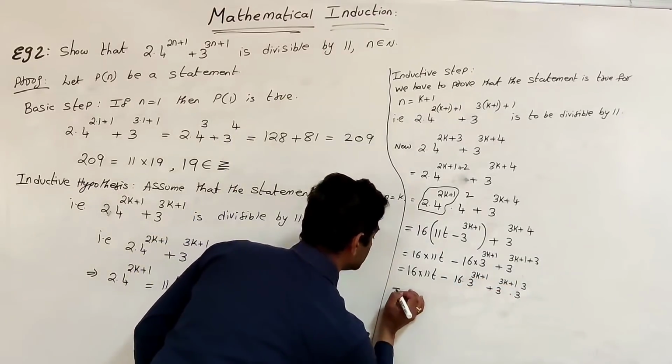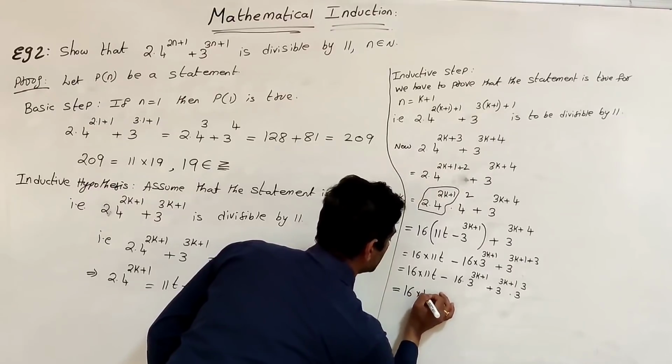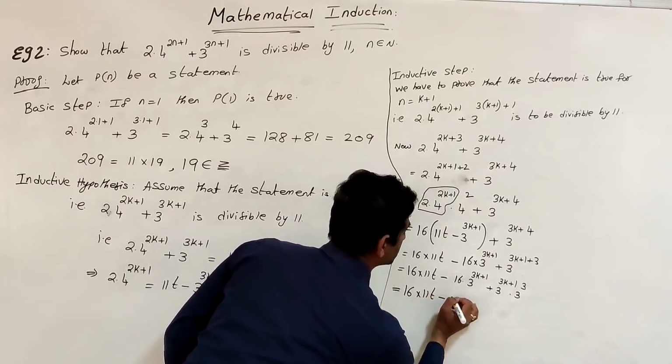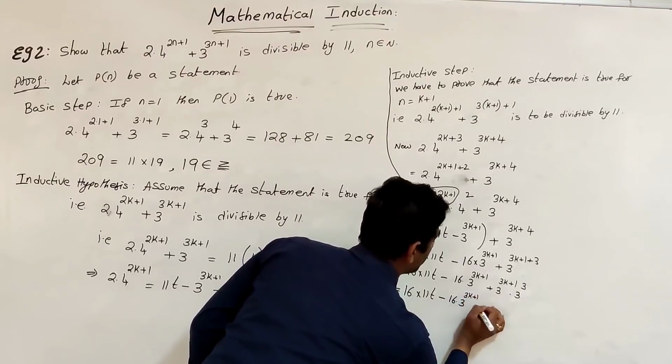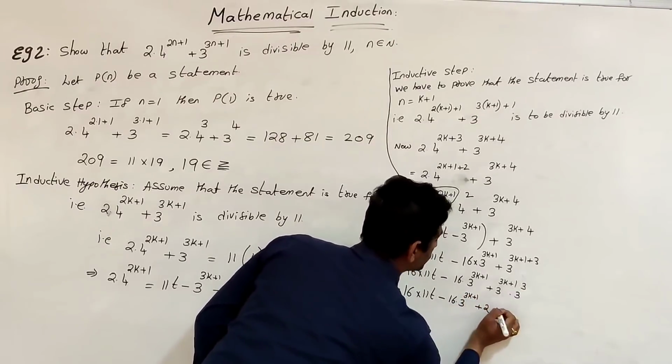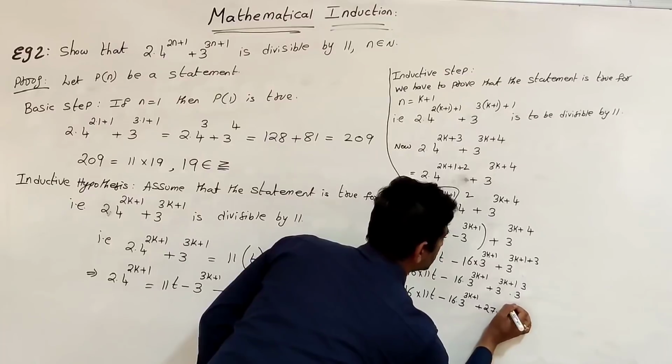So what happens? 16 into 11t minus 16 into 3 to the power of 3k plus 1 plus 3 cube means 27 into 3 to the power of 3k plus 1.